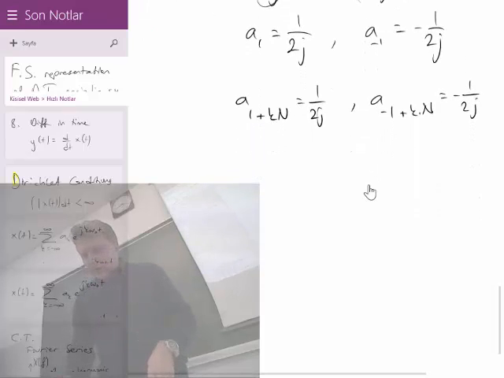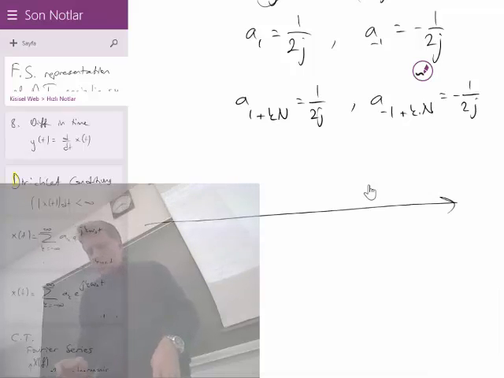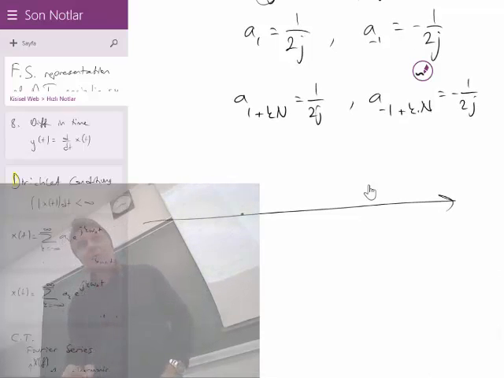If you try to plot these things, by the way, these are complex values, so you cannot normally plot complex values, but let's assume that 1 over j is something that can be drawn. It is like this: you have a 0 point, and at 1 you have 1 over 2j. Let's assume it's like positive, and the other one is at, so this is 0, this is 1, this is minus 1.